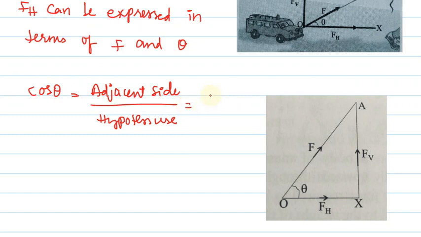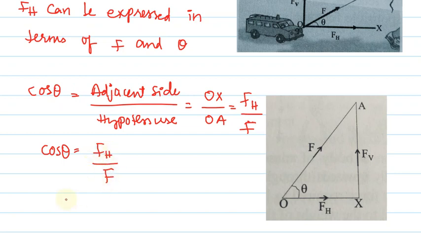So what is the adjacent side? OX. Hypotenuse is OA, right? OX is nothing but the horizontal component FH. OA is the hypotenuse, that is force F, right? Then I can write cos theta is equal to FH upon F, right? I want the horizontal component. FH is equal to F cos theta, right?